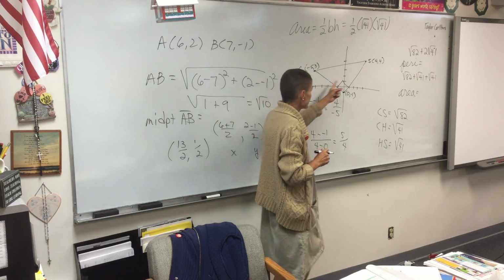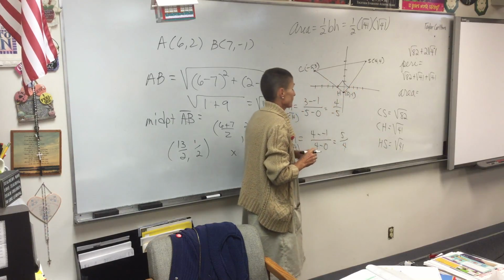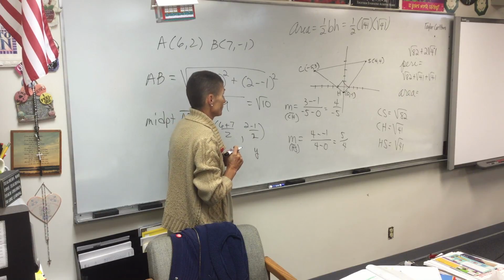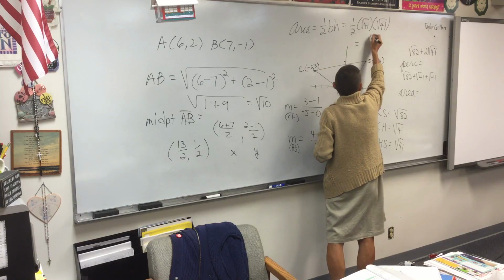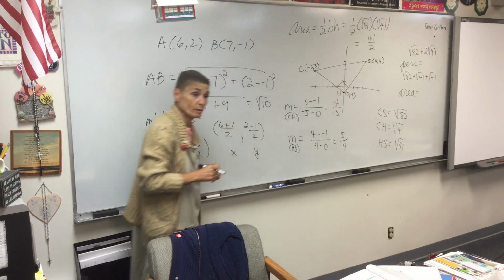One of these is the base and one of them's the height. It doesn't matter which is which. So what's root 41 times root 41? 41. So my answer is 41/2, or whatever decimal, 20.5.